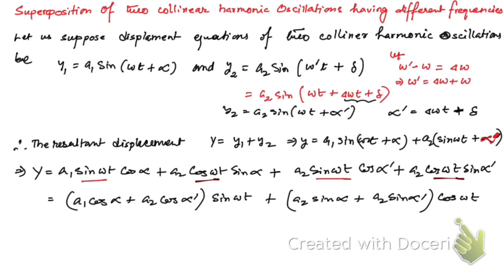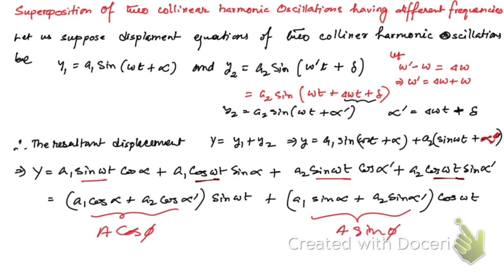Sorry, I made a mistake here, this is supposed to be a1. Hope you have understood this. Now let me consider the first bracket as A cos φ, where A is the resultant amplitude, and the second as A sin φ.